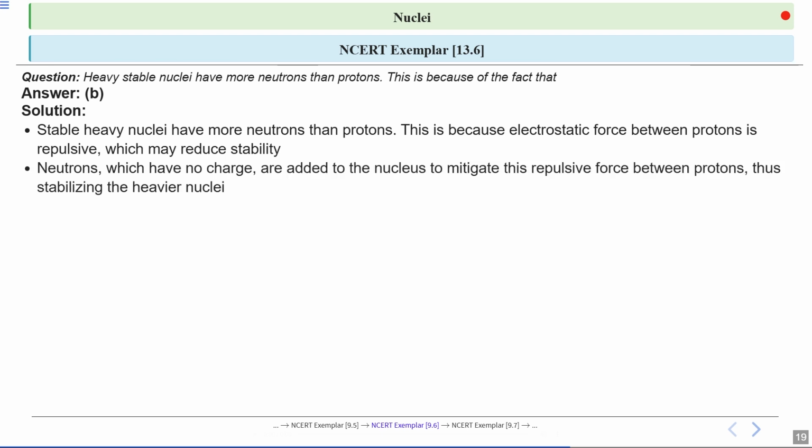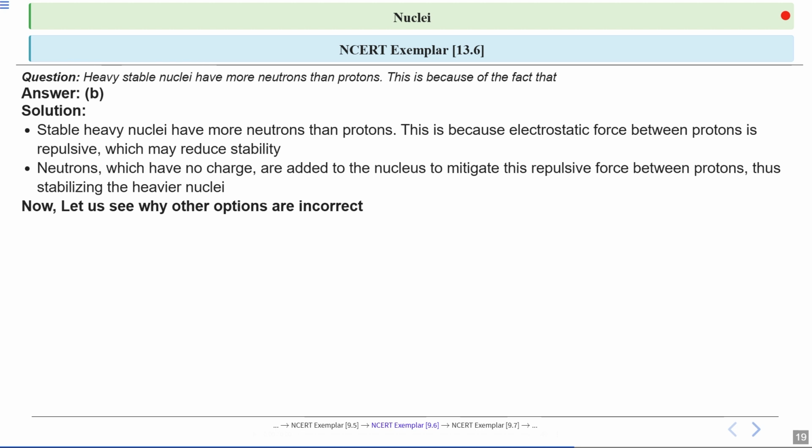Neutrons are neutral particles that do not contribute to electrostatic repulsion. They contribute to the strong nuclear force which binds the nucleus together more effectively, especially in heavy nuclei, without adding to the repulsive electrostatic interactions, making them essential for the stability of heavy nuclei.